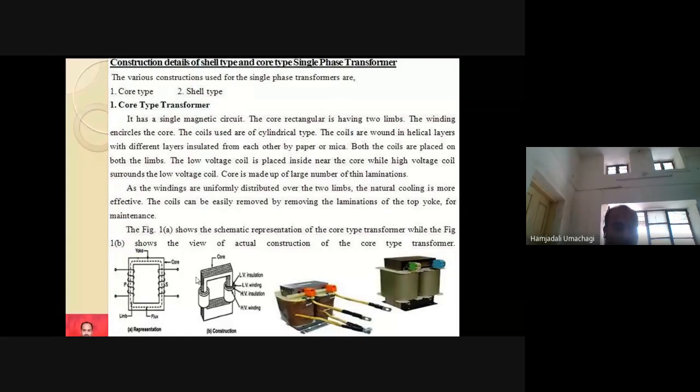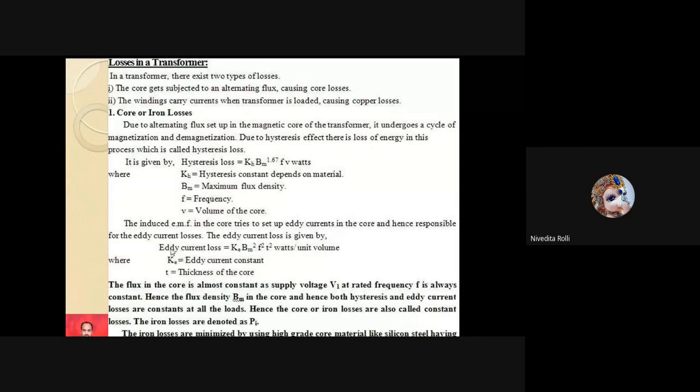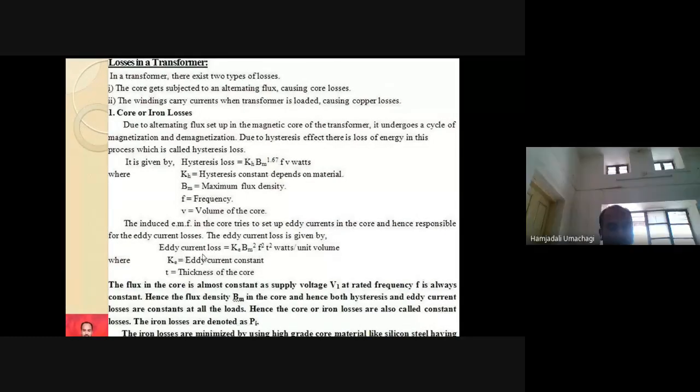Again in the iron loss, there are two types. The two different types of iron loss are hysteresis loss and eddy current loss, sir. Eddy current loss. Right. So remember, there will be two types of iron loss.